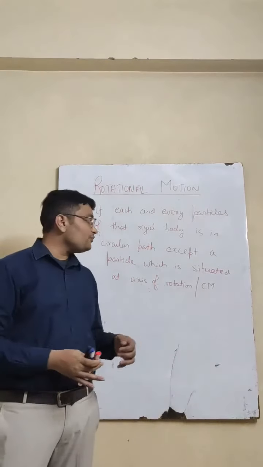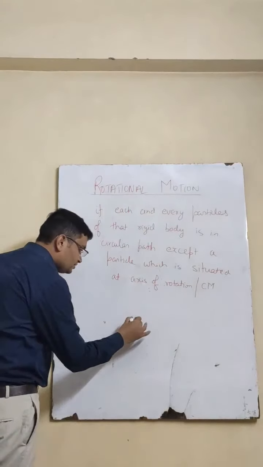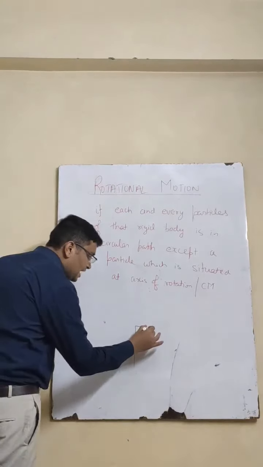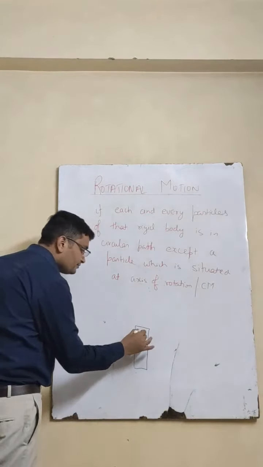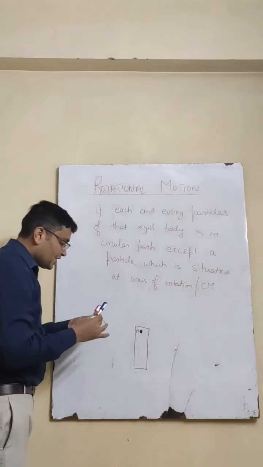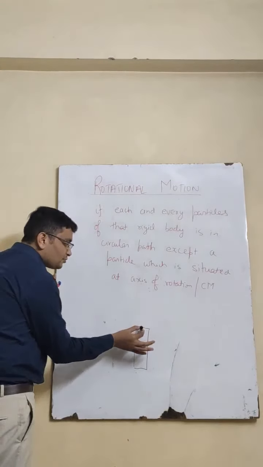First of all, take a body. This one is a body, and I pivot this body at the particle A. Pivot simply means that this is my axis of rotation.